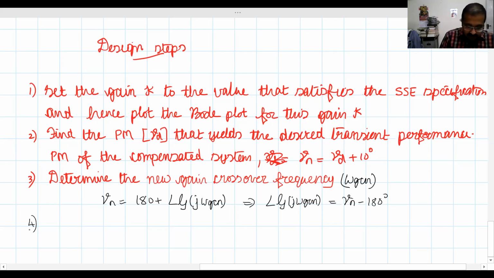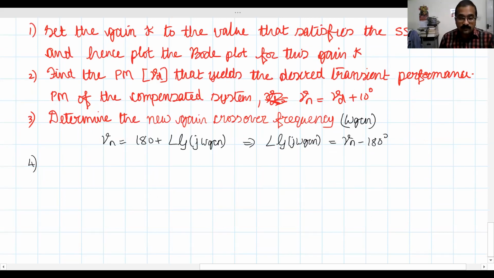What next? After finding omega GCN, now we can place the compensator zero. The compensator zero must be placed 1 decade below the gain crossover frequency.